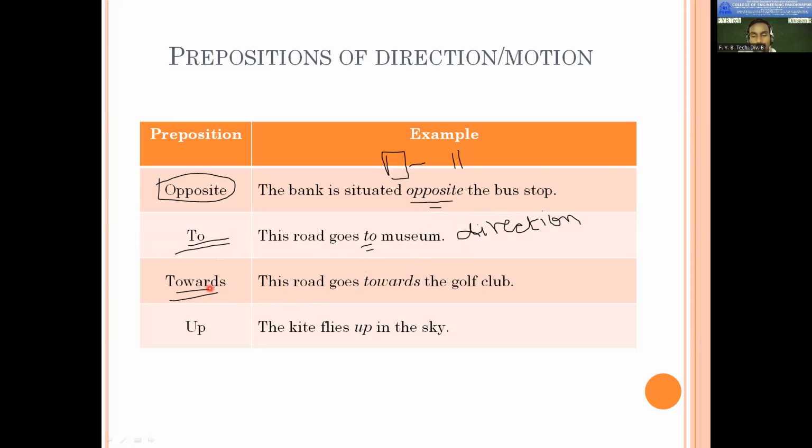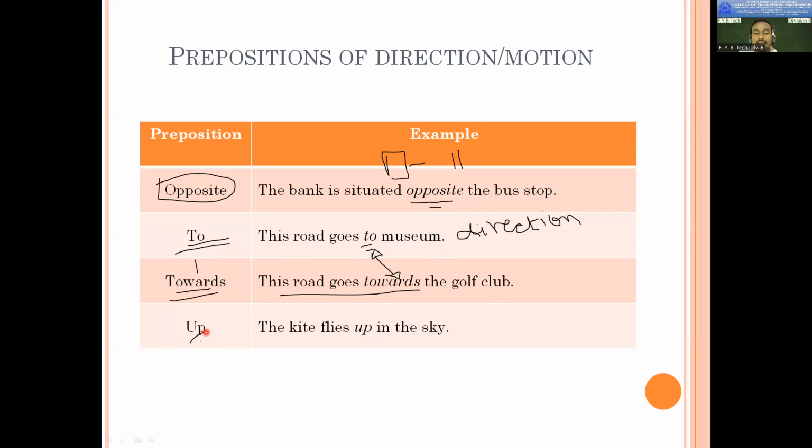Here you have two words already, and you can use this road goes to museum, or this road goes towards. You can use both. So both are the same. You can replace them with each other. You can say this road goes to the golf club, or you can say this road goes towards museum. Both will be right. Okay, so you can use them interchangeably. To and towards can be interchanged.